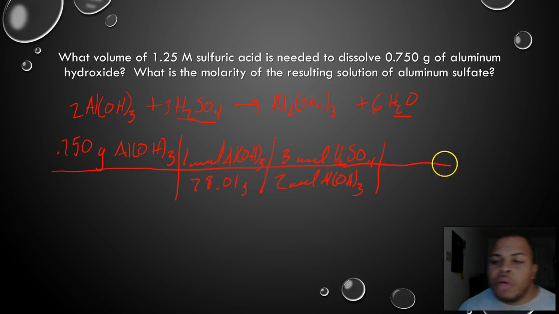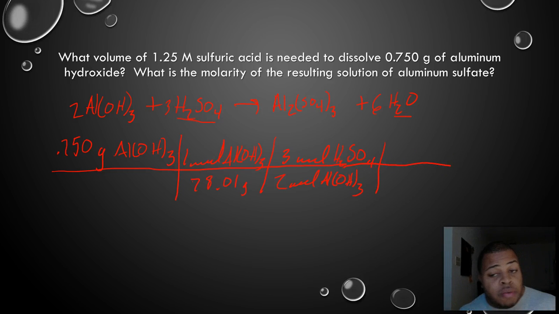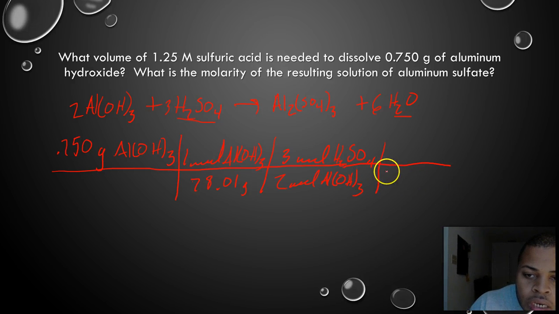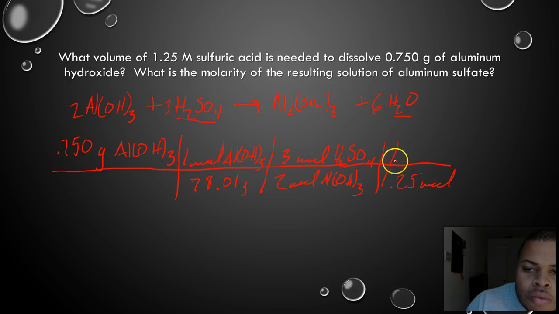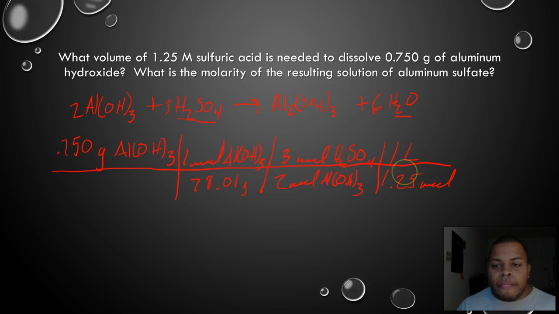Now, we're going to go back to that same relationship that we talked about before. If I have 1.25 molar, that means in 1 liter there are 1.25 moles. Now, the relationship is the same still, whether I have 1 liter over 1.25 moles or 1.25 over 1.